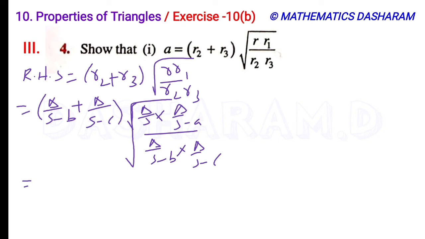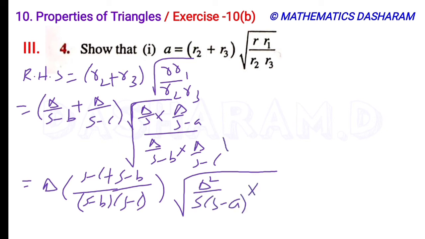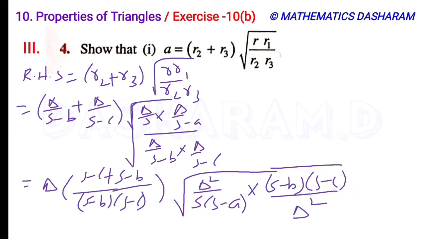So it is equal to, we can take the delta common, and the LCM is (s - b) into (s - c). So then (s - c) plus (s - b) will come in the numerator, divided by delta squared divided by s into (s - a), and this fraction will be reversed. So then (s - b) into (s - c) divided by delta squared. So delta squared cancels.